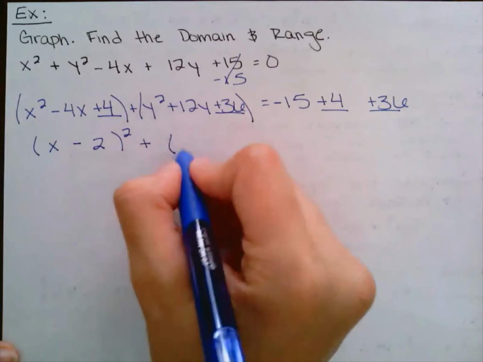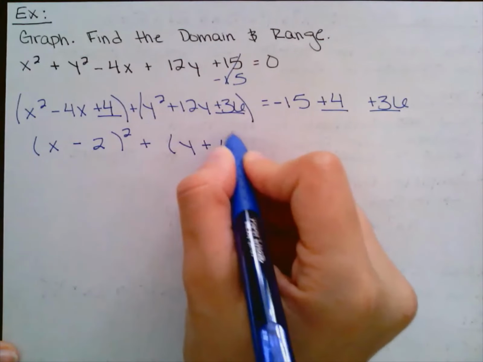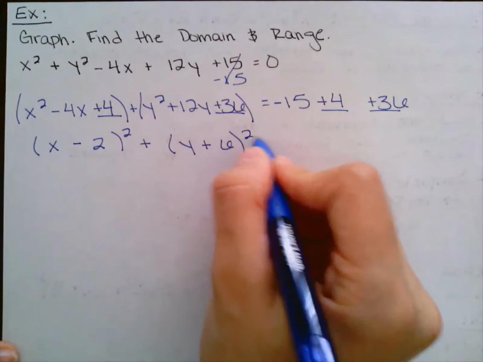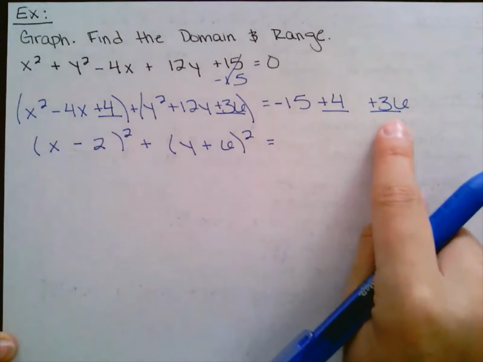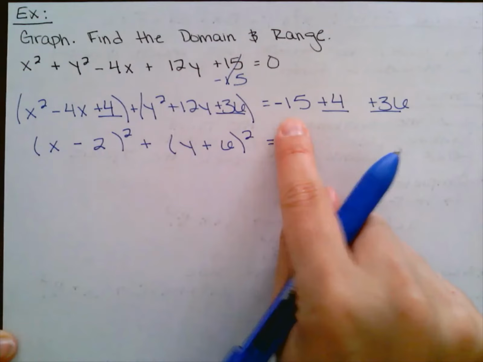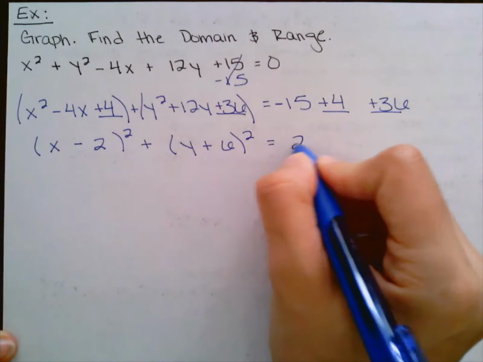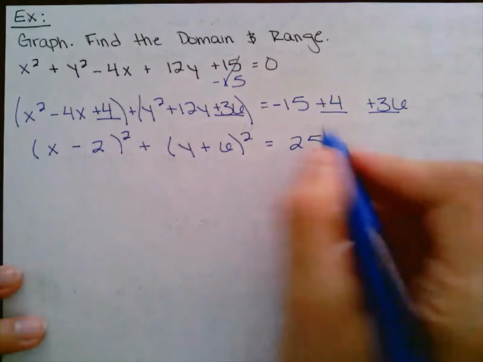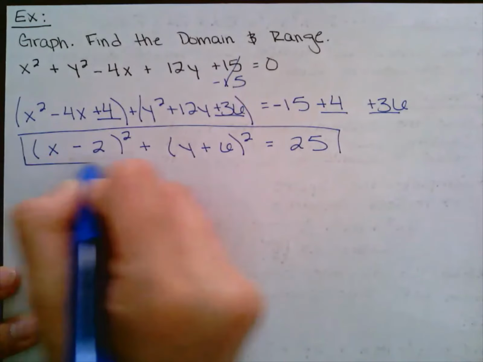Plus, I put my y, half of my middle term, which would be +6, and then the squared on the outside. And now I'm going to combine these terms on the right-hand side. -15 plus 4 plus 36 is going to give me a +25. I now have my equation in standard form.